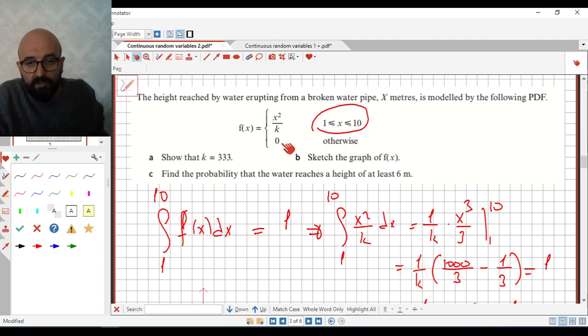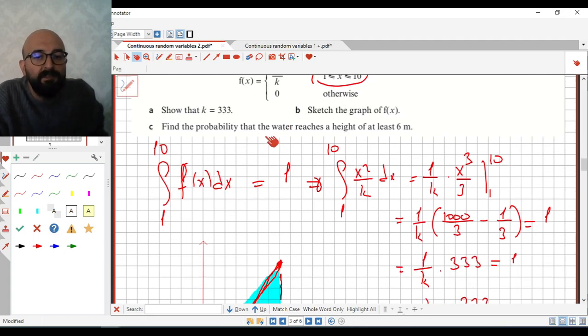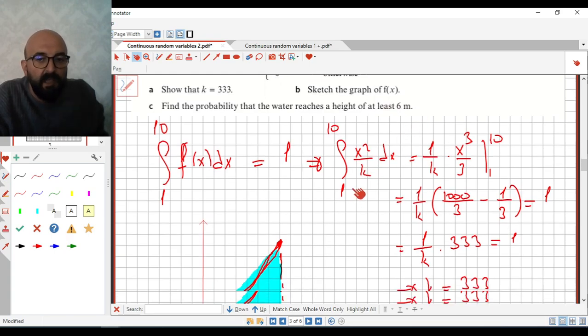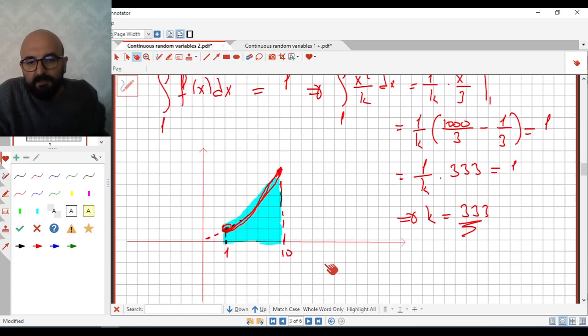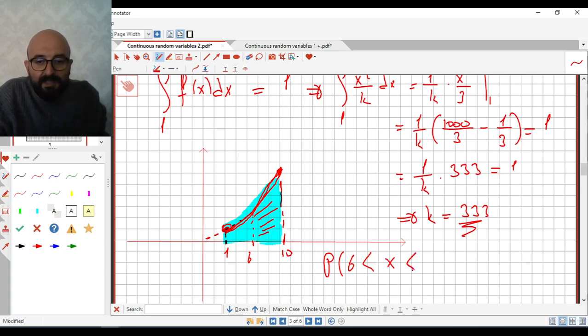Find the probability that the water reaches a height of at least 6 meters. At least 6 meters means the probability of this area. So we should find the probability of x greater than 6, less than 10.